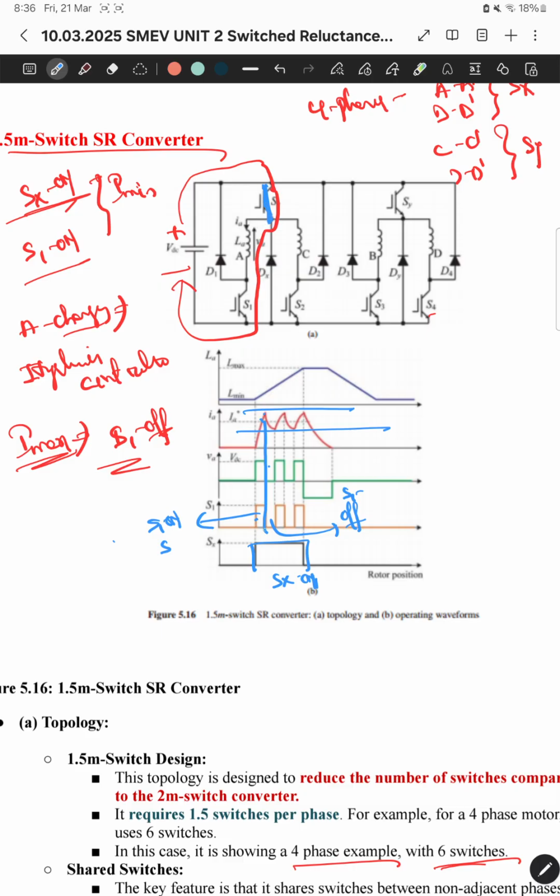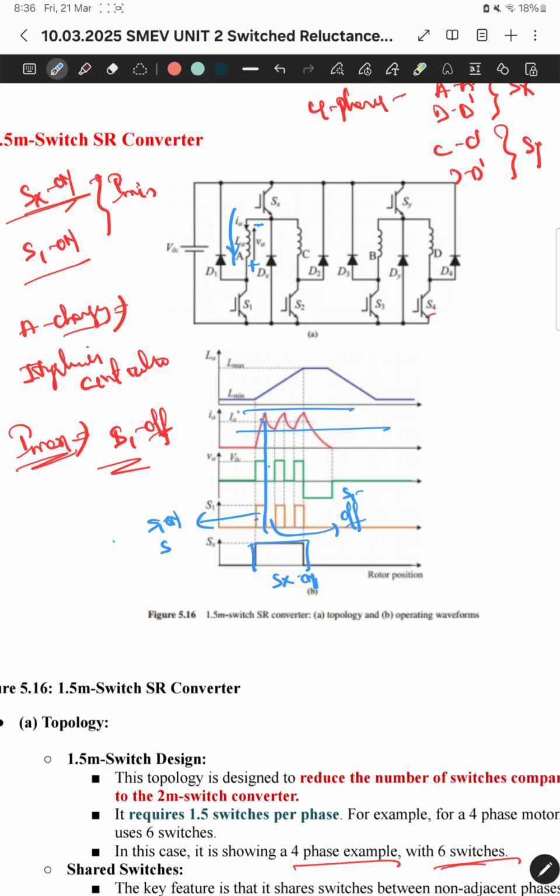Now when S1 is off, whatever the energy stored here has to dissipate. First thing is the inductor polarity changes, and the current direction remains the same. So the current has to flow in the same manner.